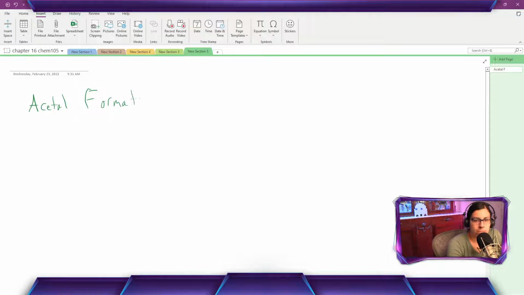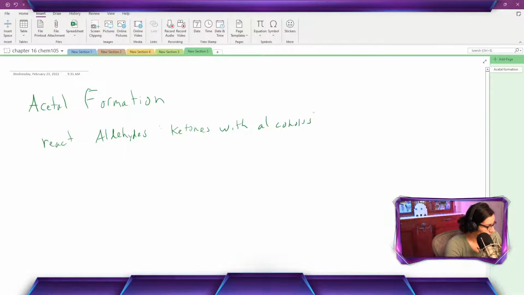So we can react aldehydes and ketones, which undergo reactions with alcohols. So react aldehydes and ketones with alcohols to form hemiacetals.